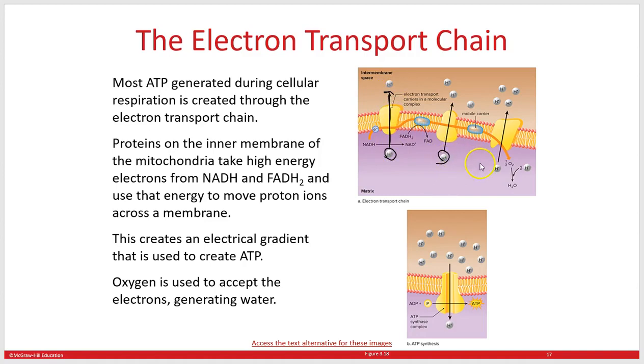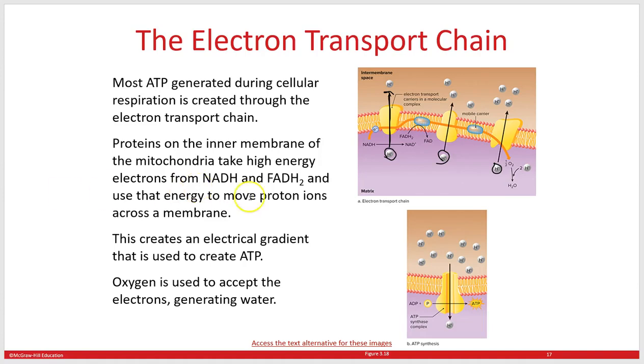We see one here and one here. And the reason that they're moving across is because these electrons are moving down. Oxygen sits down here at the end, and it will accept these electrons, and so it's the final electron acceptor, and it generates water. And so we kind of create water with the electron transport chain too.